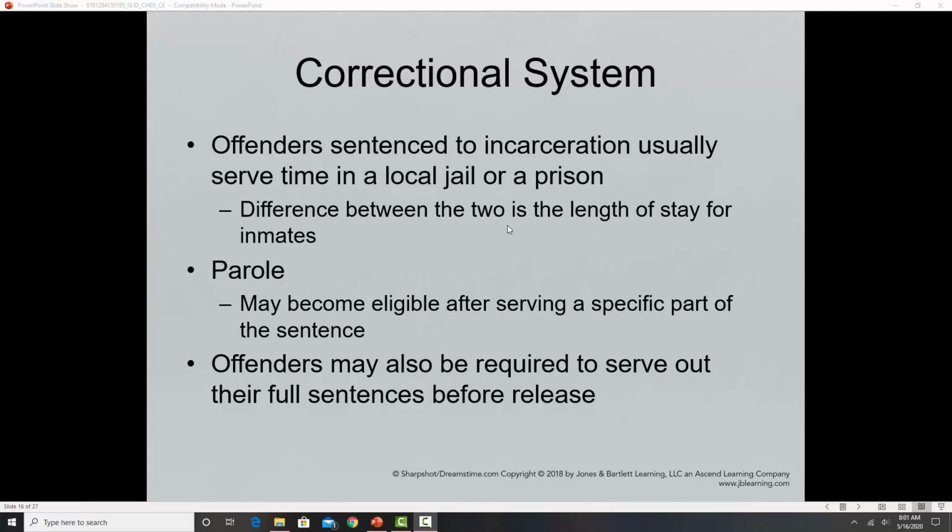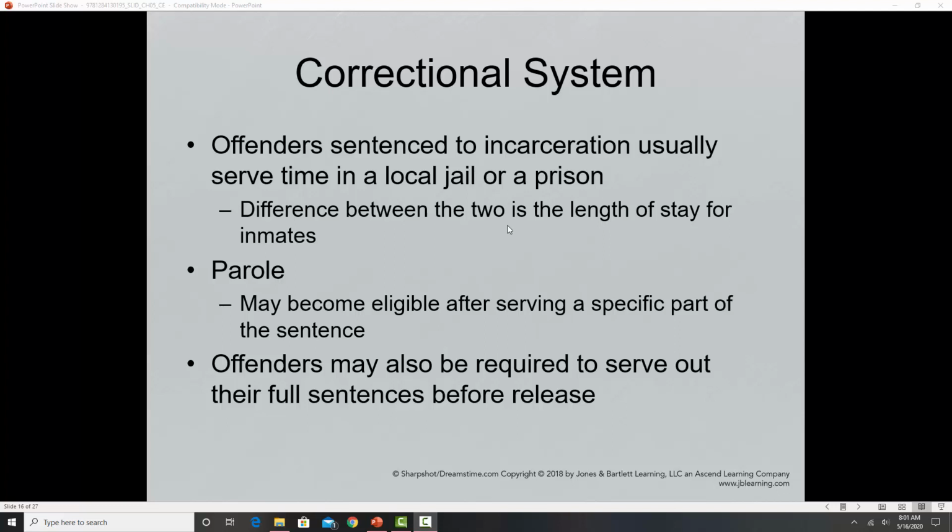So you might find somebody gets, let's say, 10 to 15 years for a particular crime, and they'd be eligible for parole after 11 years. So after 11 years, they will go before a parole board, and they will hear from the offender. They might hear from the victim's family or hear a victim impact statement, and then the parole board will decide whether or not that person should be let out on parole.